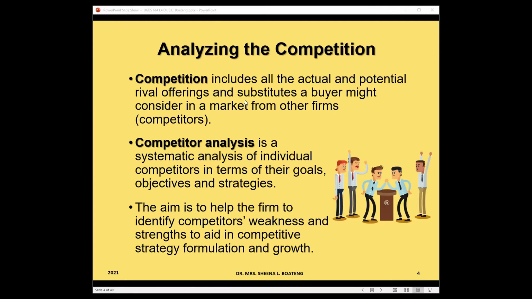Likewise, competition also includes those actual and potential firms who are offering substitutes. So it's not just firms offering the same thing as our firm, but also those offering products and services that are easy replacements for what we are offering to the buyer. So when we talk about competition, this is what we are referring to. And the firms giving these rival offerings and substitutes are those we refer to as competitors.